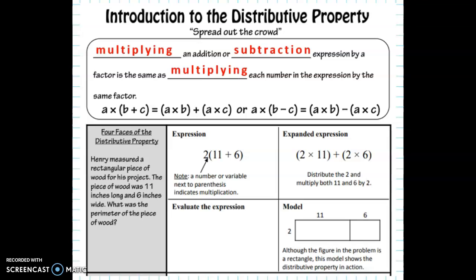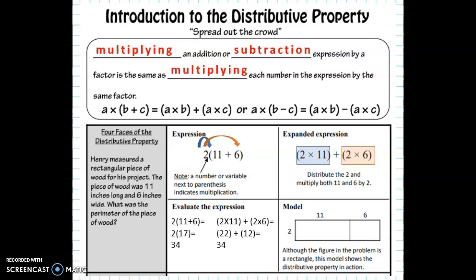To change it to expanded form, we take the 2 times the 11, for 2 times 11, and write that in parentheses. Then the addition sign. Then we take the 2 times the 6 and write that on the other side. This gives us an expanded expression.